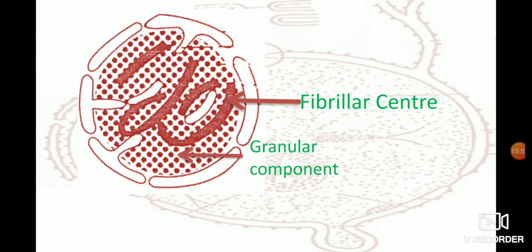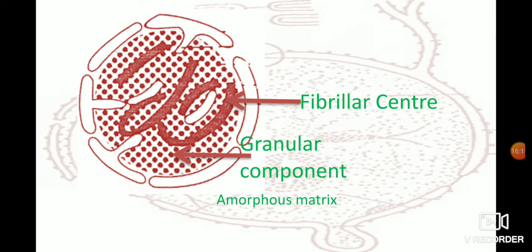The second part of the nucleolus is the granular component. This is the outermost region of the nucleolus where processing and maturation of pre-ribosomal particles occur. The third part is the amorphous matrix.